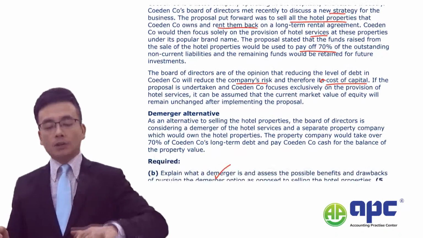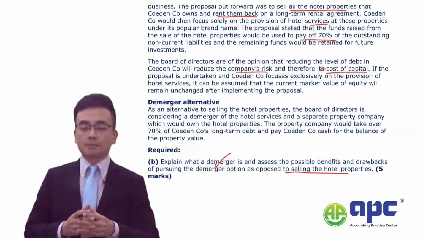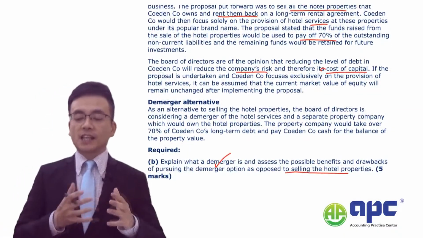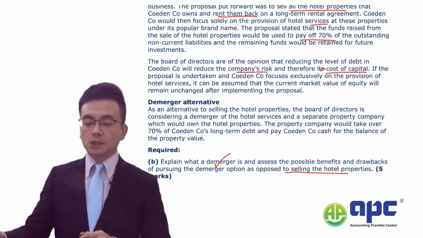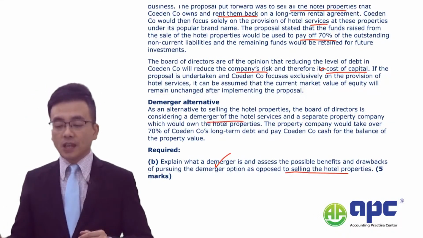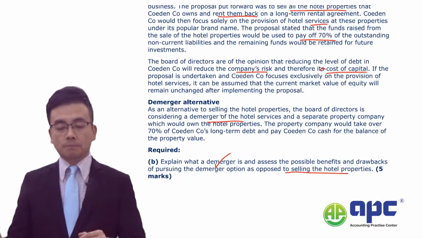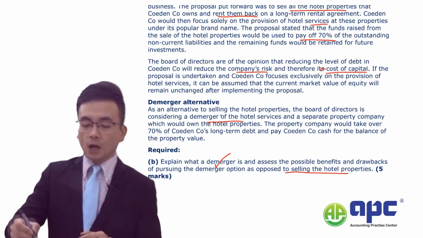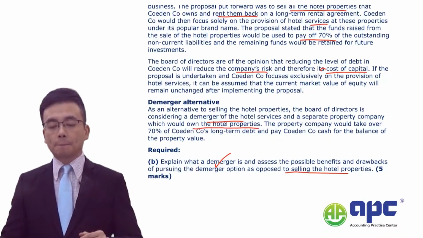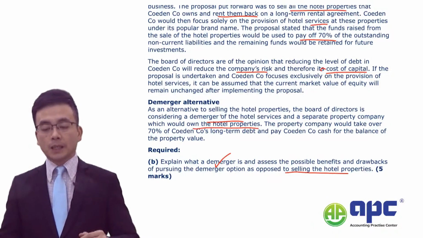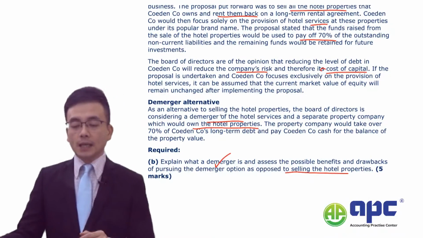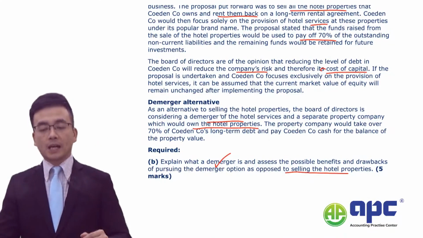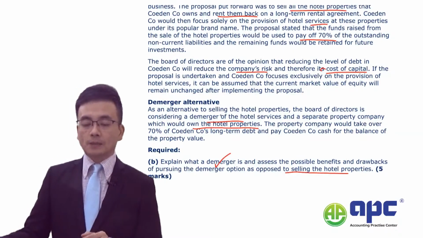Now, we've got a demerger alternative. Now, instead of selling the hotel properties, now the board considering demerger the hotel services and a separate property company will own the hotel properties. All right. The property company will take over 70% of debt and pay our company cash for the balance of the property value.